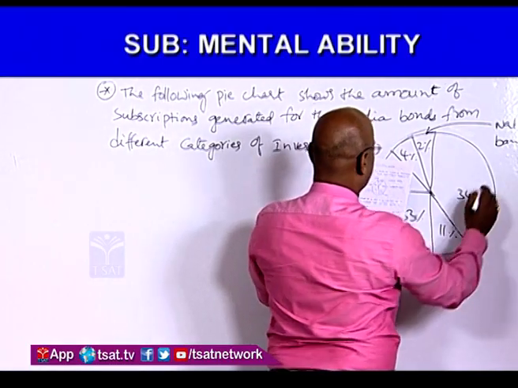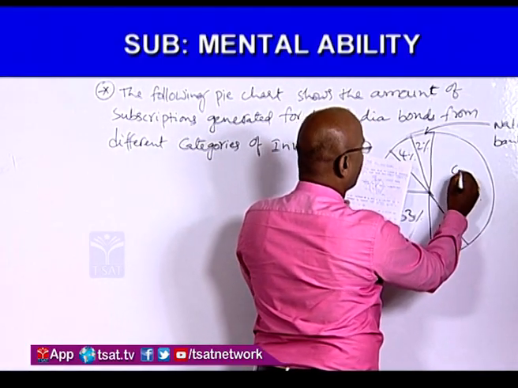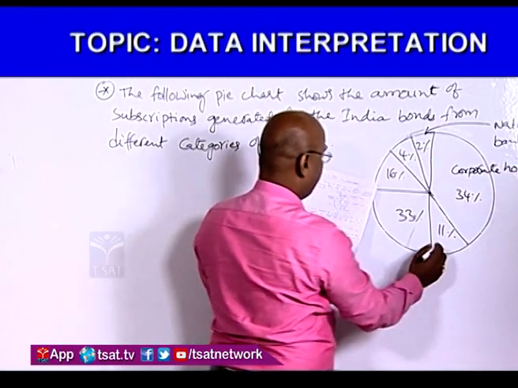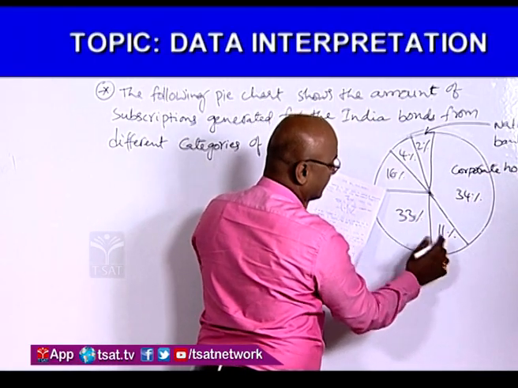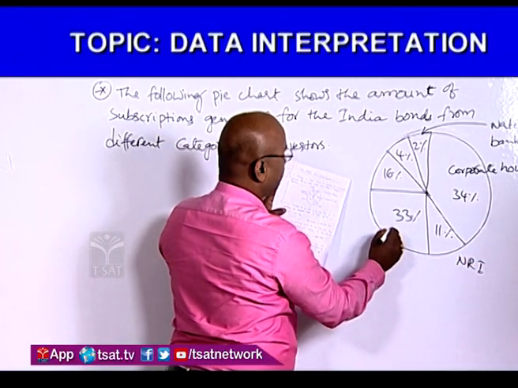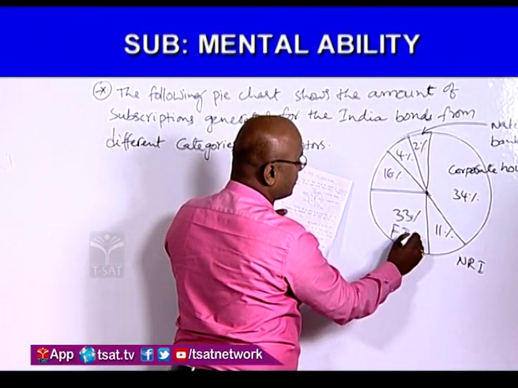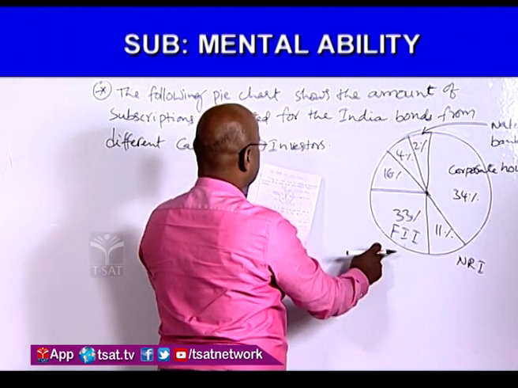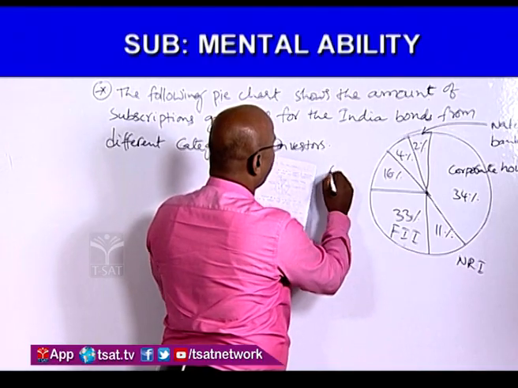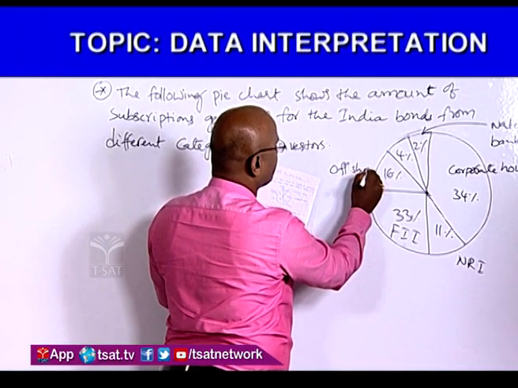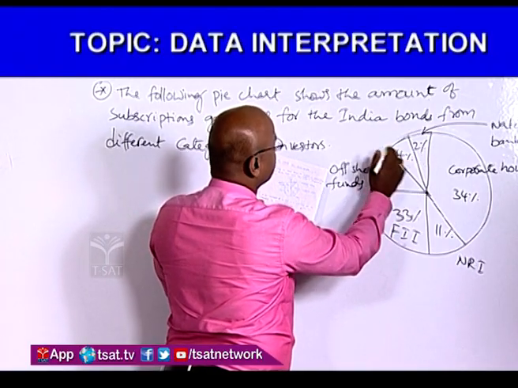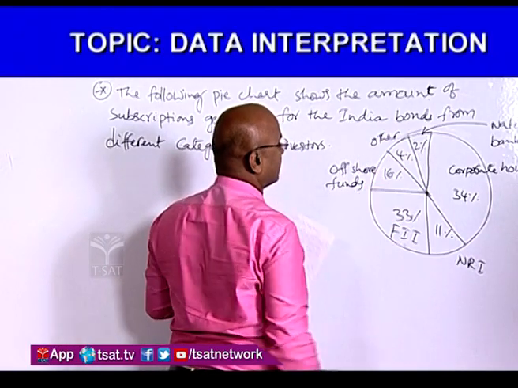National banks 2%, this is corporate house 34%, and 11% is raised from NRIs, and 33% foreign institutional investments, FIIs, and 16% is raised from offshore funds, and this 4% is raised from other resources.